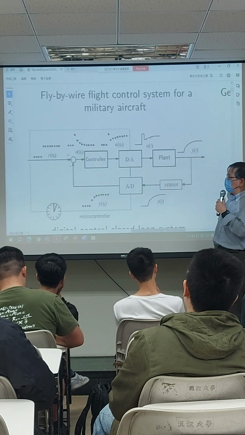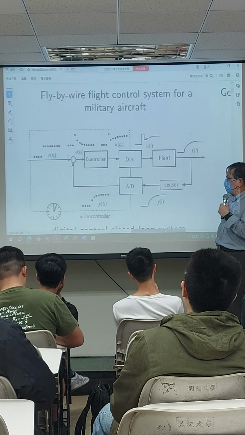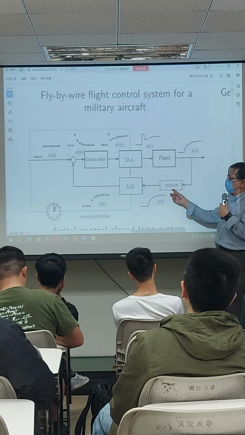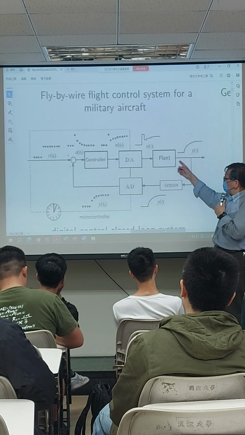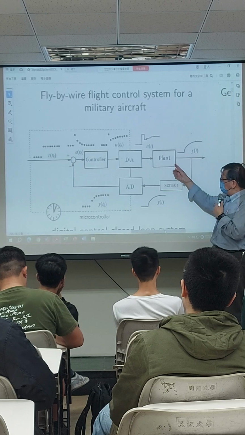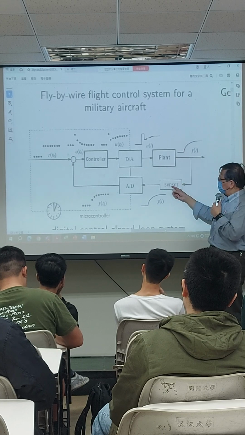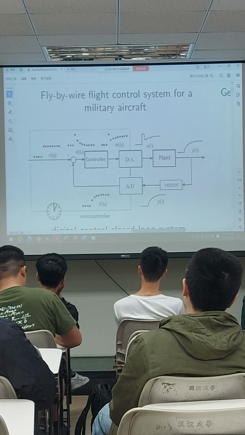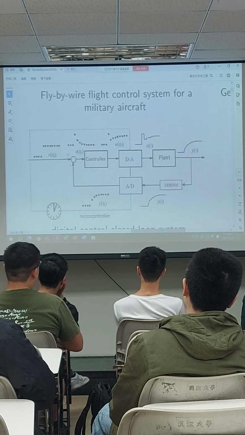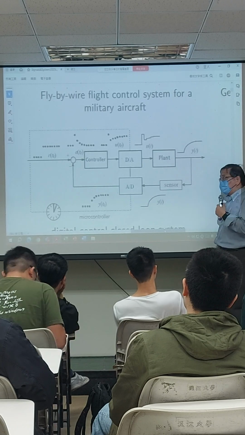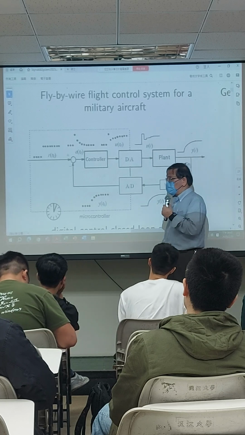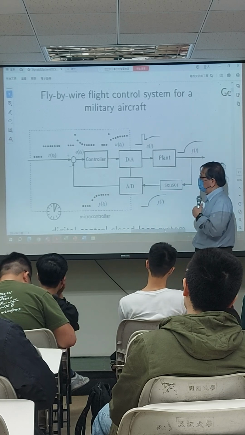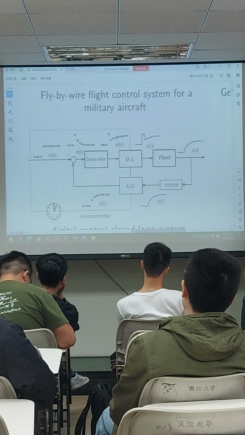In order to take care of the signals, we need a sensor to measure the output from the plant. For an aircraft, this output can be velocity of the aircraft, can be the pressure inside the cabin, can be the temperature inside the jet engine, and so on.